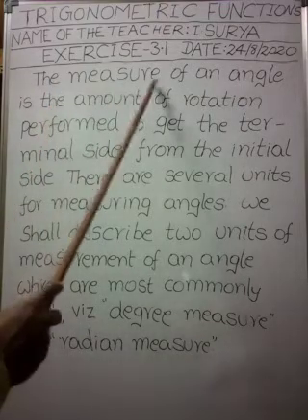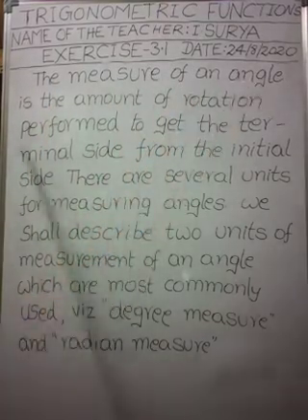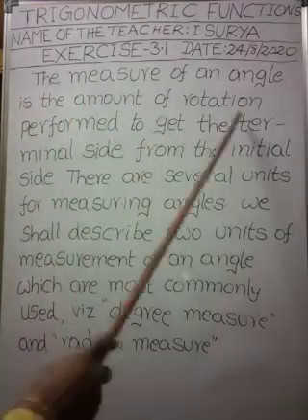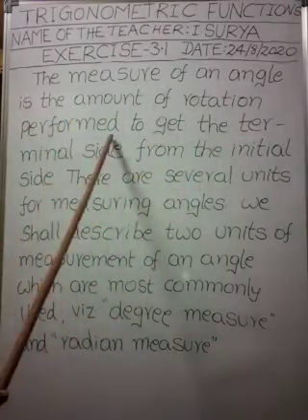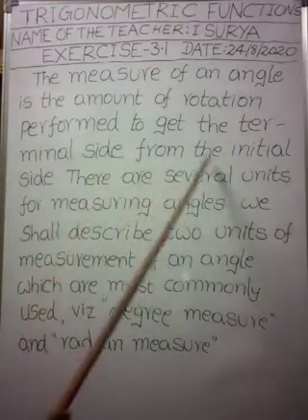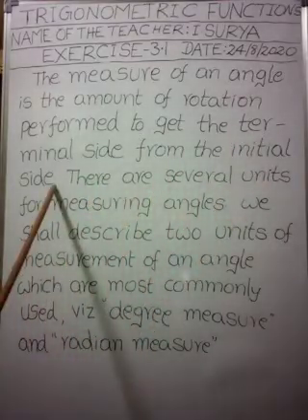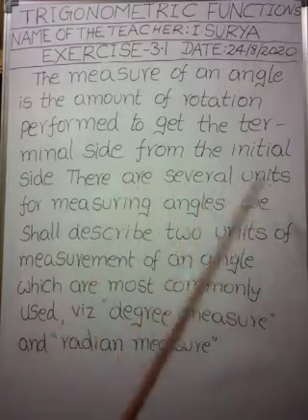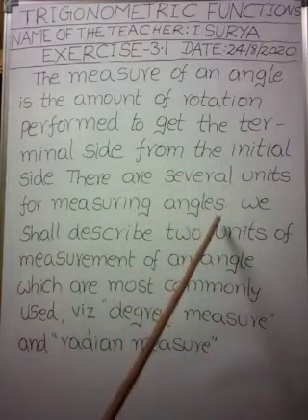The measure of an angle is the amount of rotation performed to get the terminal side from the initial side. There are several units for measuring angles.